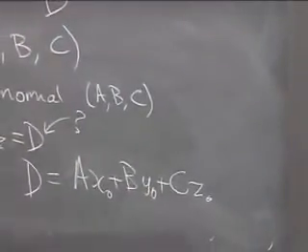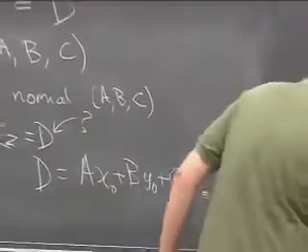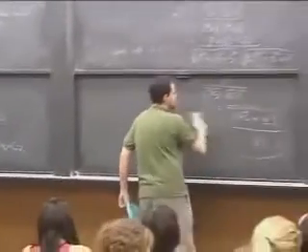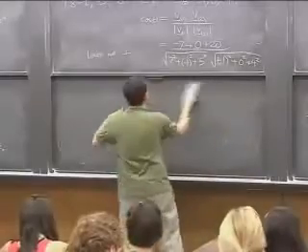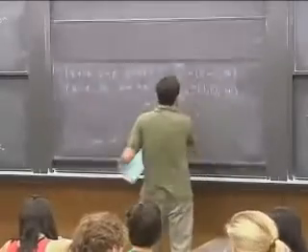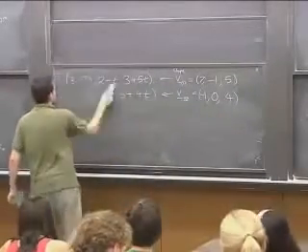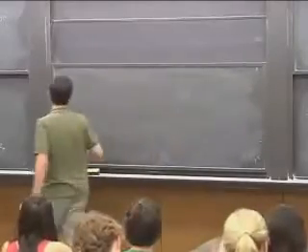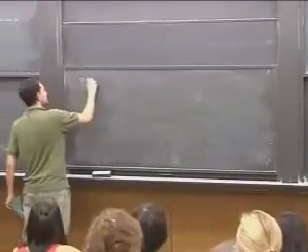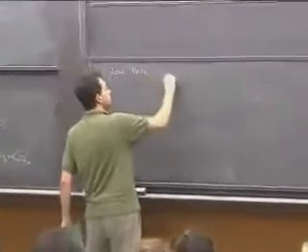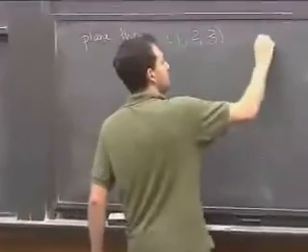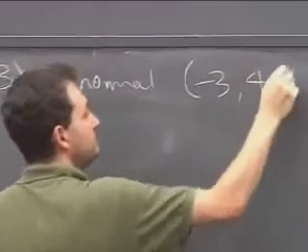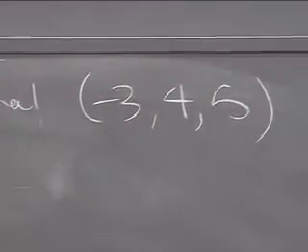So let me put this in perspective by looking at an example. Suppose we want a plane through 1, 2, 3 with normal -3, 4, 5, those two vectors from earlier.